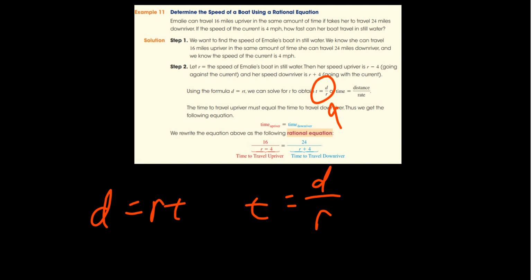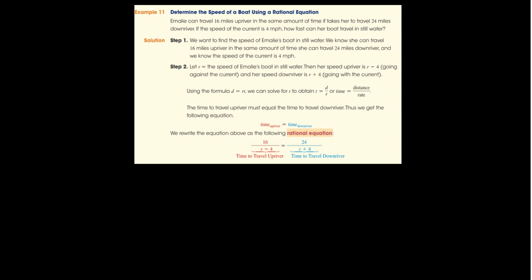Okay, so this is a time problem, so therefore we're going to be solving for time. And that's exactly what this problem is doing. So we look at our time is distance divided by rate. So we would say, well, the distance, 16 miles, divided by the rate, which is r minus 4 with the going upriver.